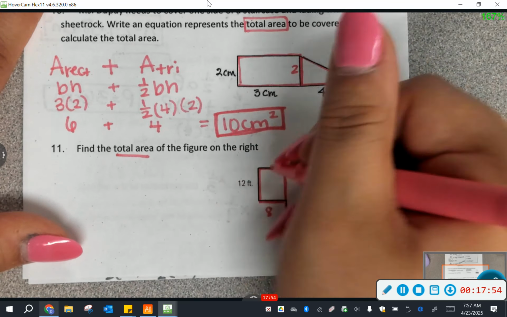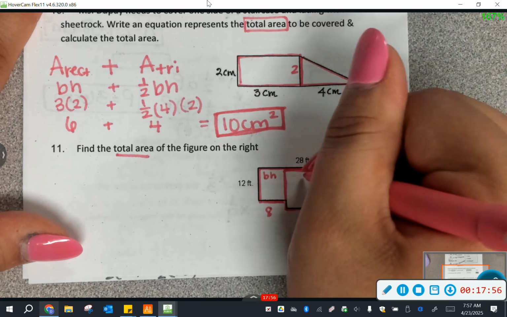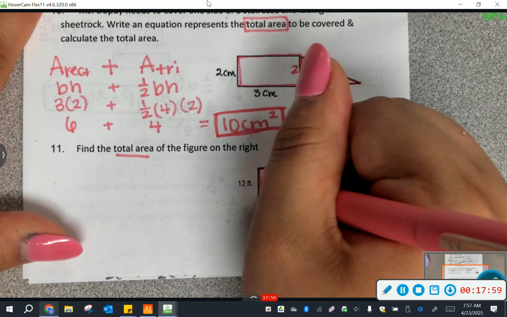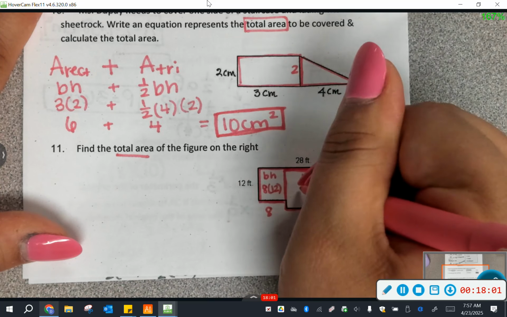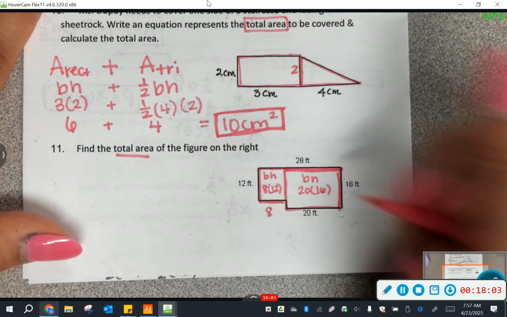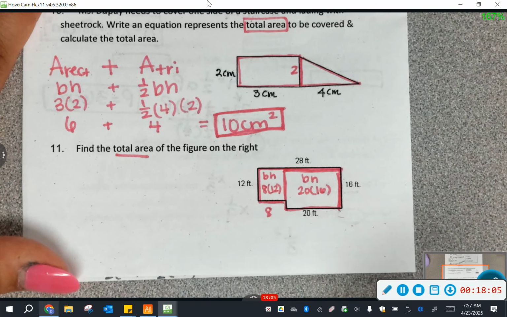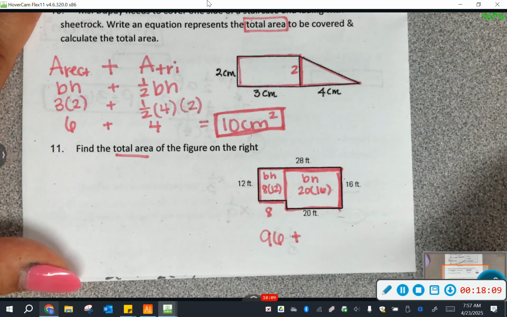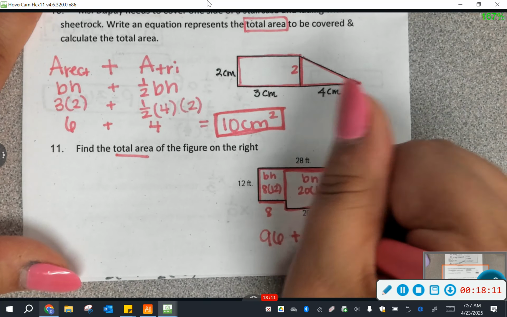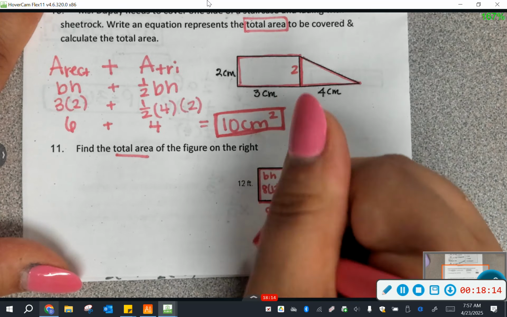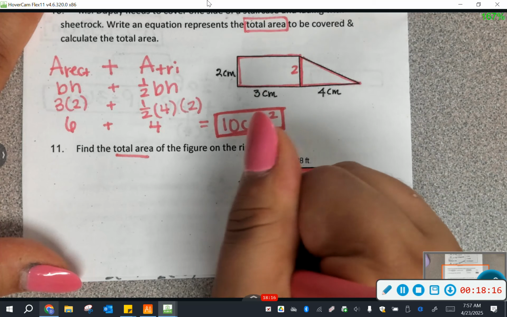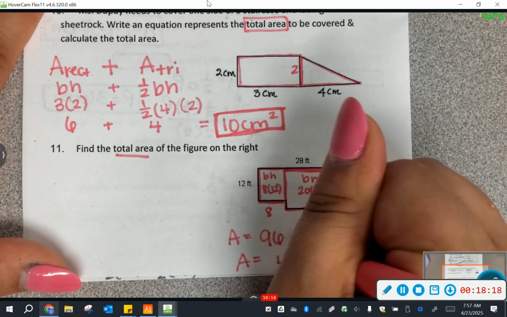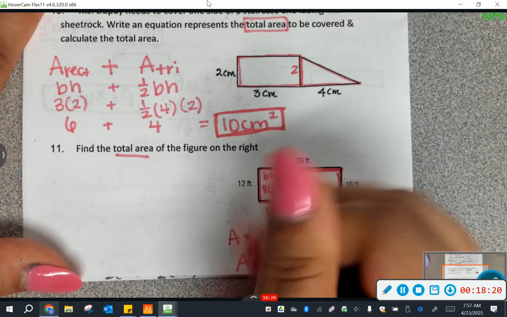And then I'm just going to find the base and height of each of these. 8 times 12 is 96, and 20 times 16 is 320. Yeah, it's the same problem as yesterday. And what does that give me? 416 feet squared.